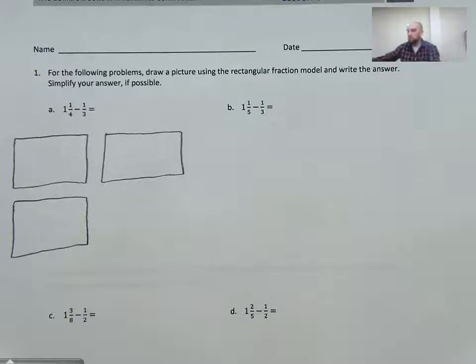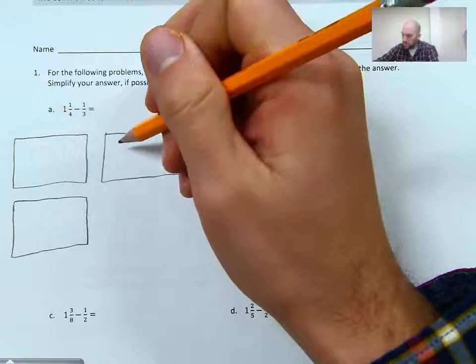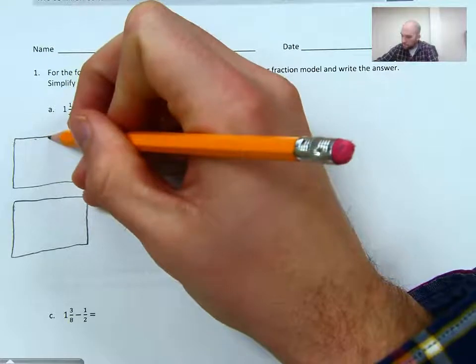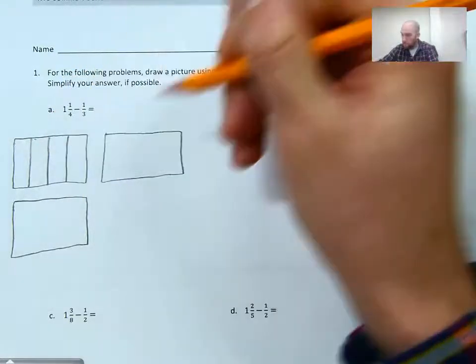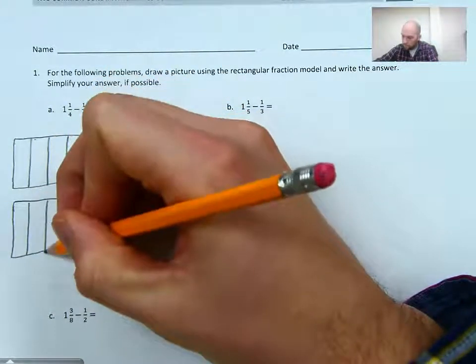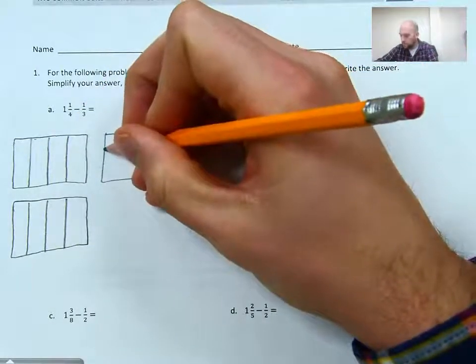It's less than 1 whole. So these rectangles need to be split into fourths. So we'll have 1, 2, 3. 1, 2, 3. And this rectangle needs to just be split into thirds.